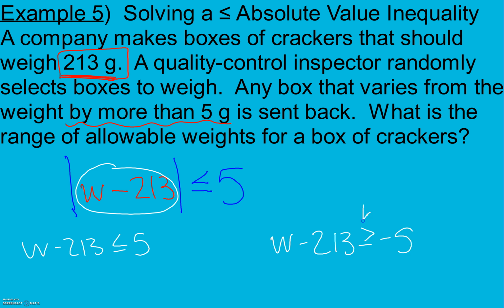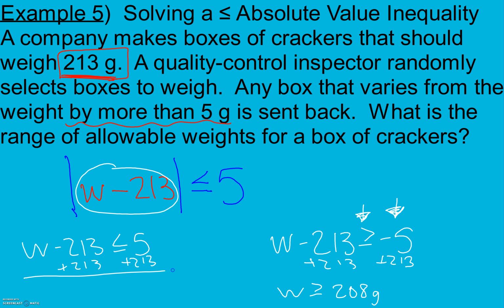Again, we flip that inequality anytime we change the sign on the number. It's like we multiplied by a negative. Add 213. So W is greater than or equal to 208 grams. W is less than or equal to 218 grams.